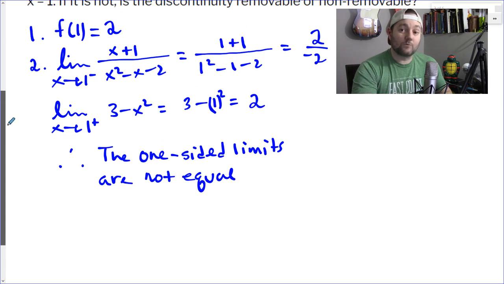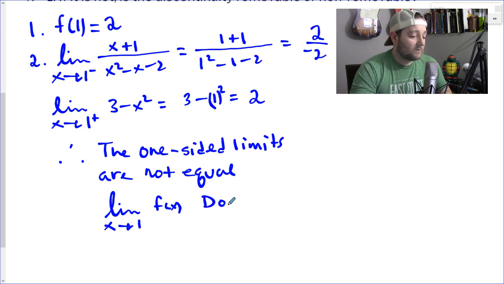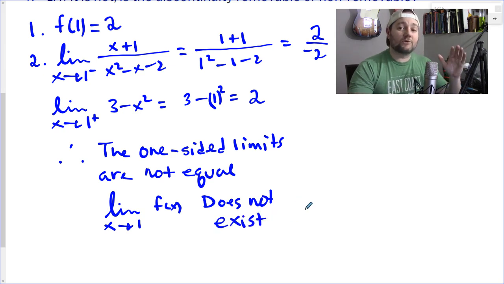In order for a limit to exist, the one-sided limits need to be equal. So therefore, the one-sided limits are not equal, and we can say the limit as x goes to 1 of f of x does not exist.